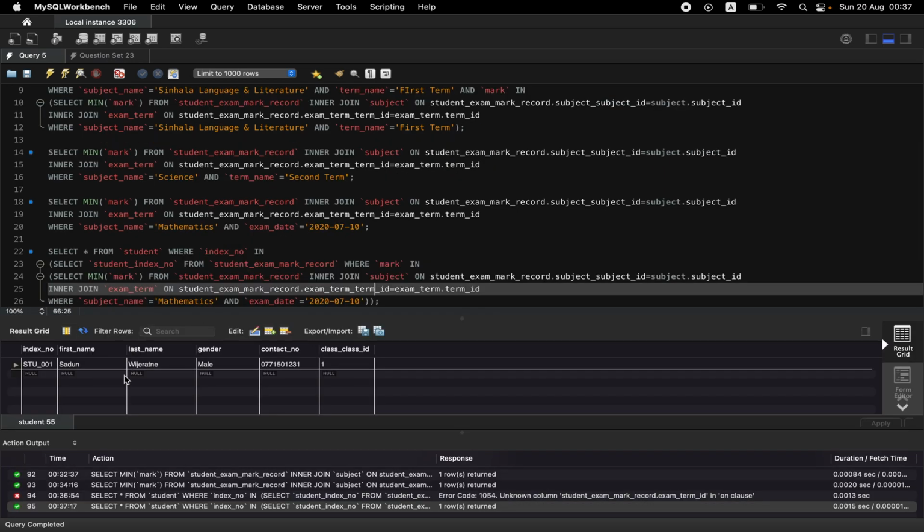The answer is student number 001 Sadun Vijayvat.